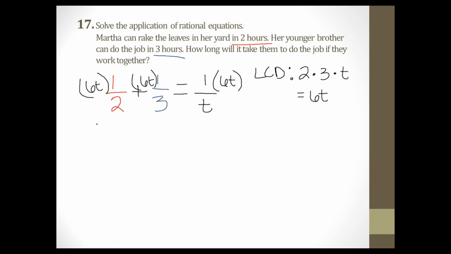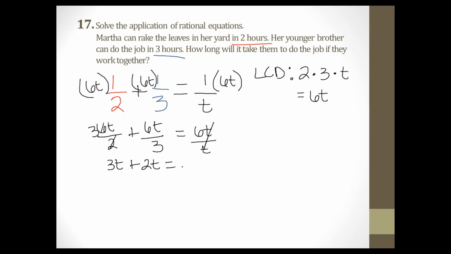So 6t over 2 plus 6t over 3 equals 6t. Okay, so 6t divided by 2 is going to cancel to just 3t, because you can divide both by 2. 6 over 3 is 2t. 6t over t, the t's cancel.